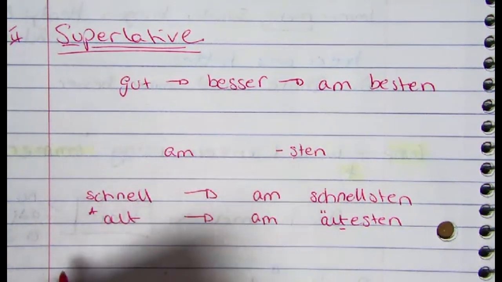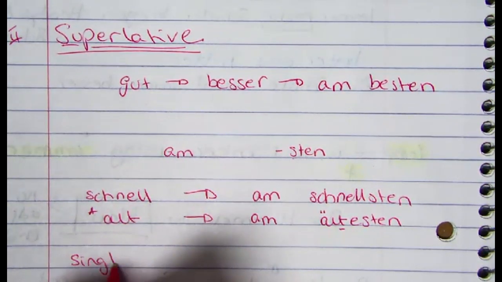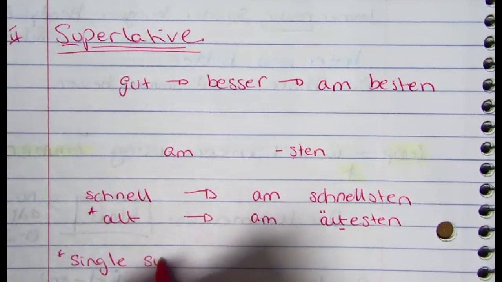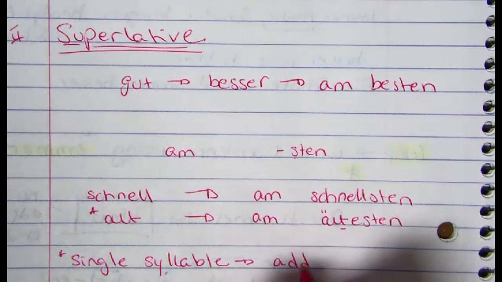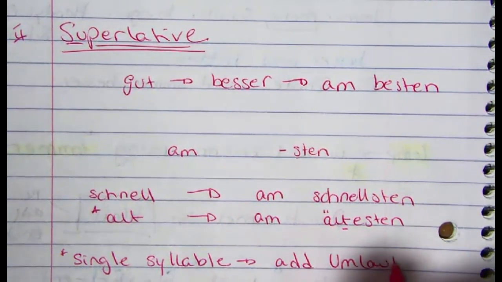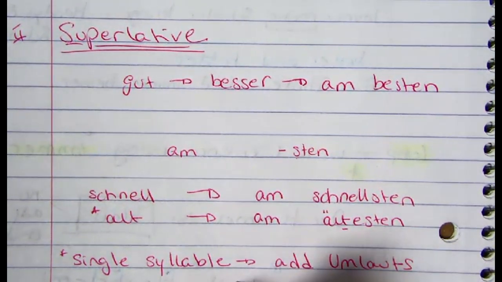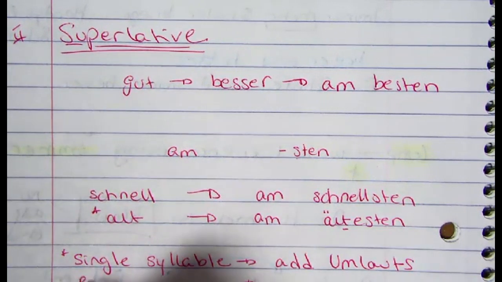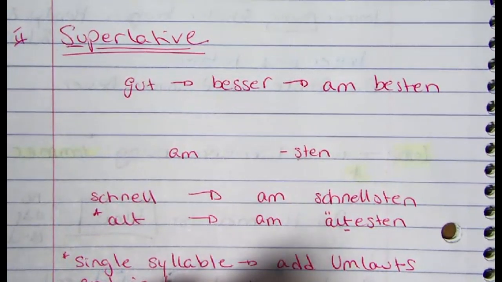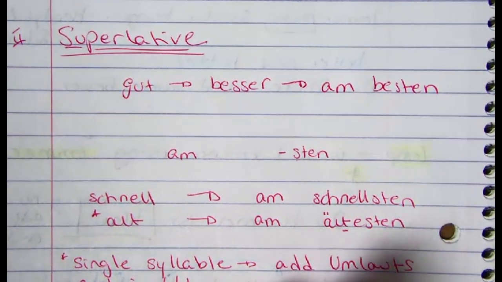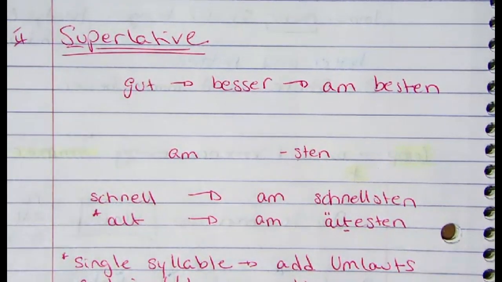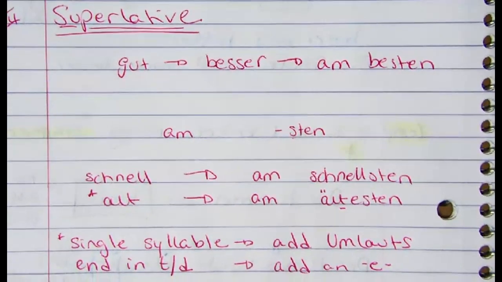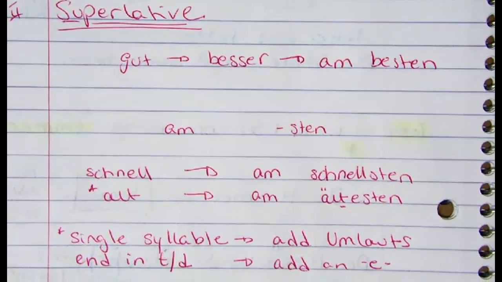So single syllable means you have to add umlauts. And because it ends in a T or a D sound, you're going to add an E before that ending. And that's just to make sure you can actually pronounce it.